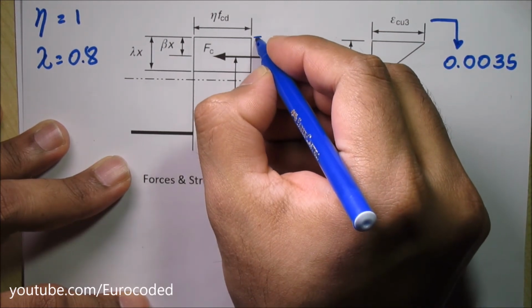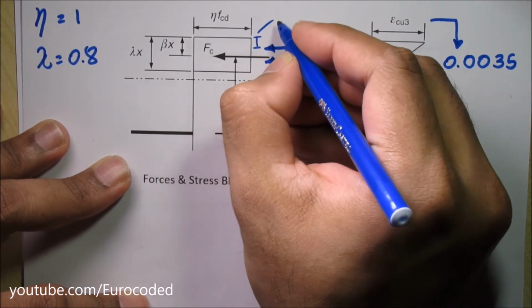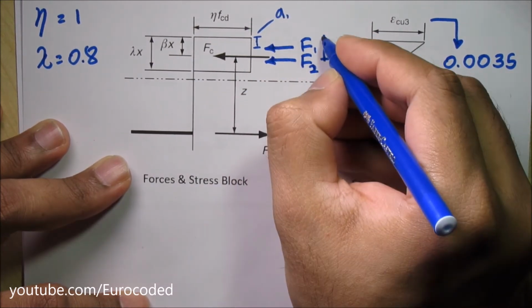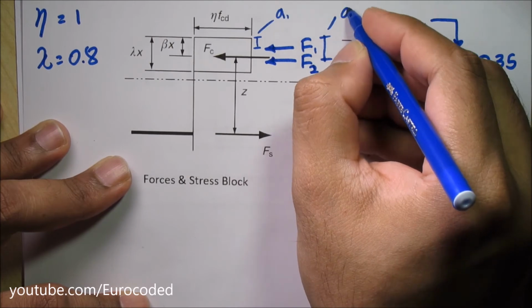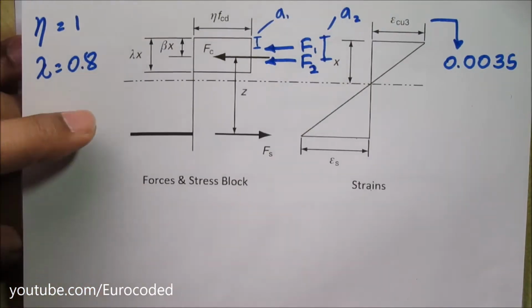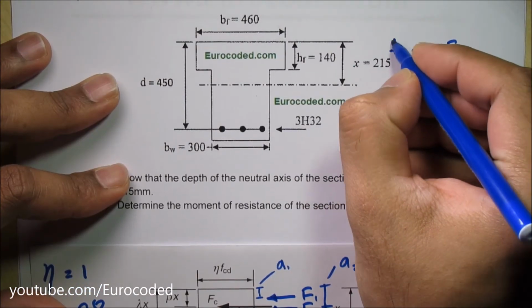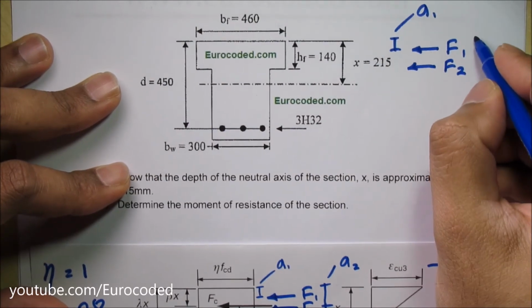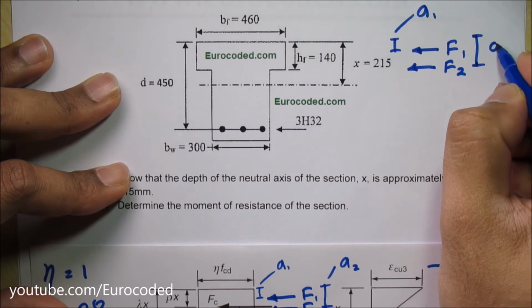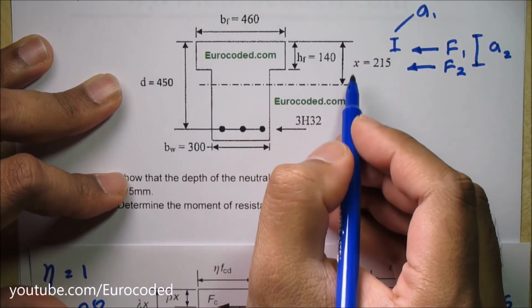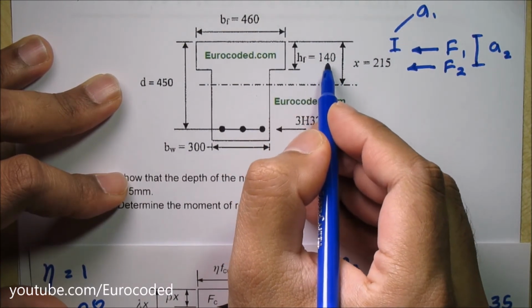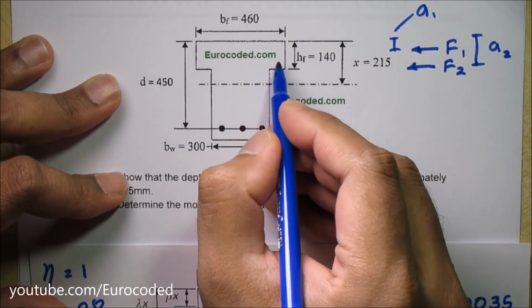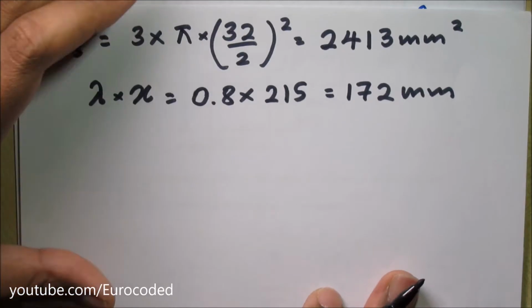And the depths to these forces from the topmost fiber here are A1 and A2 respectively. So this would be A1 and this would be A2. Same here, this would be A1 and this would be A2. By inspection we can say that A1 is half of 140 because it is the centroid of compression zone within this flange.